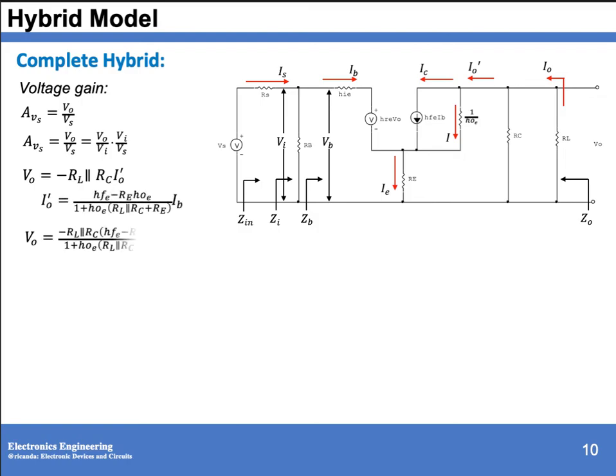Substituting this one to our VO, or we can rewrite our VO if we get the ratio IO prime over IB, that is equivalent to our current gain prime IB. So we have this equation as negative RL in parallel with RC times current gain prime IB times IB.